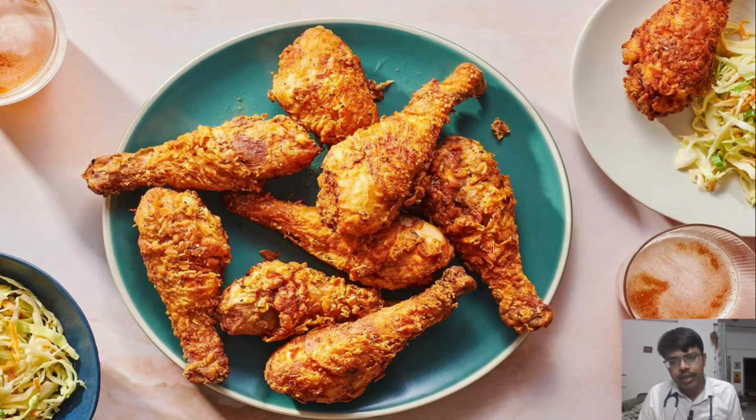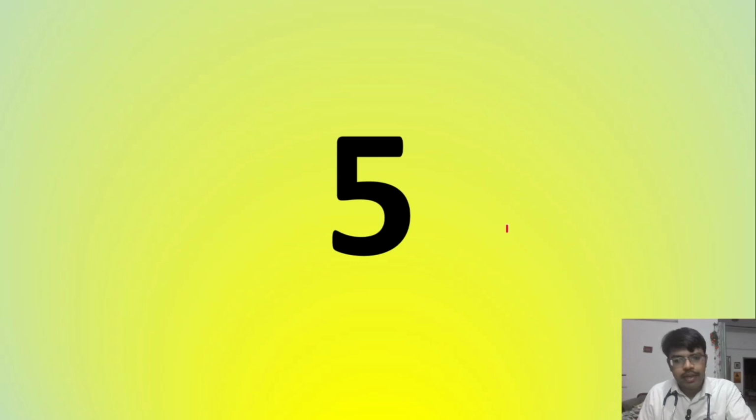Red meat, any kind of red meat, chicken, beef, even mutton, and liver fry kind of things have to be avoided, because these also contain an excessive amount of purine, which leads to hyperuricemia. So avoid red meat, avoid alcohol, and obesity.